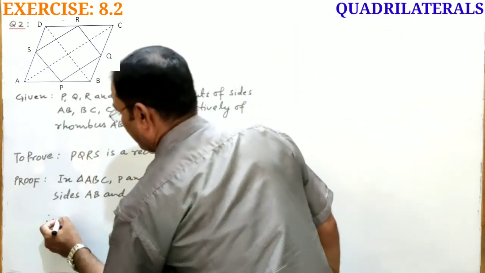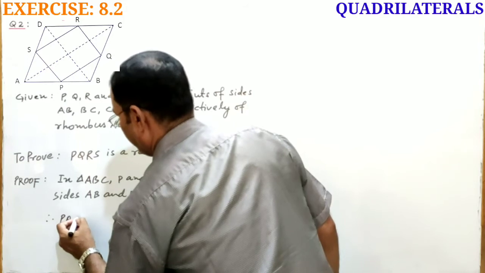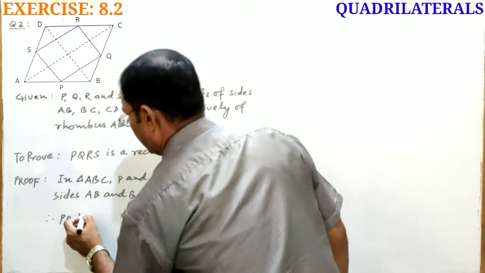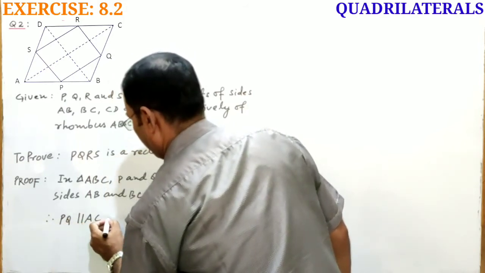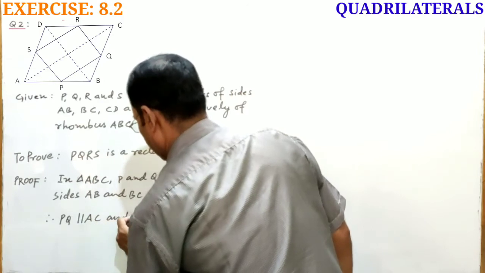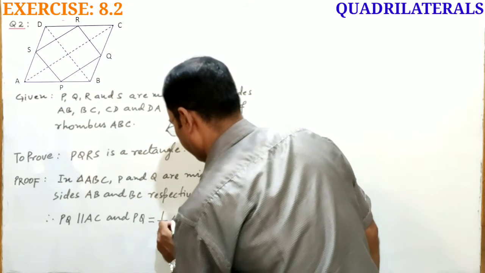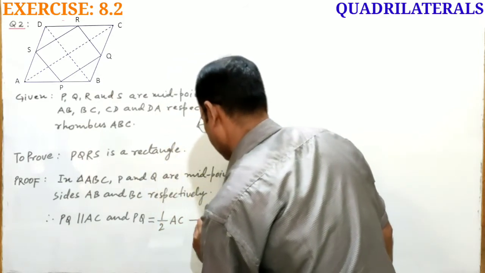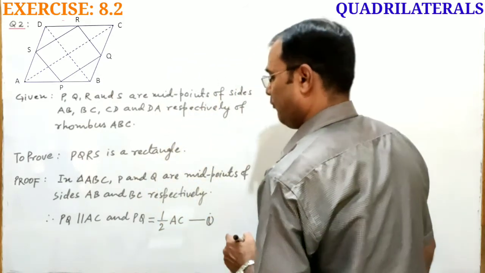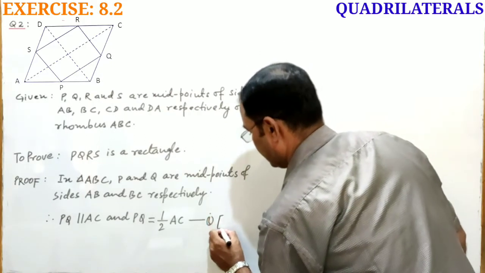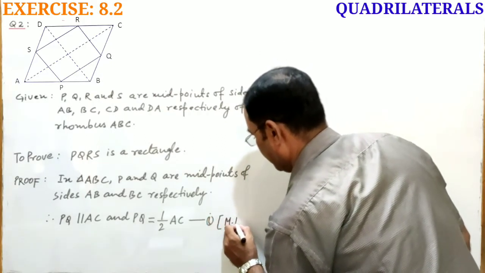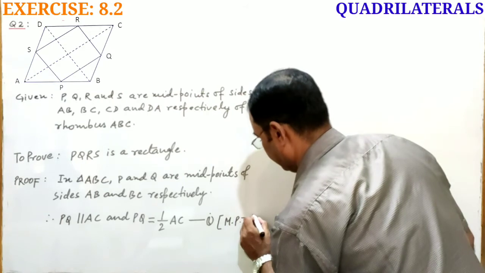Therefore, PQ is parallel to AC and PQ is equal to half AC. Let it be equation number 1, and this we have written from midpoint theorem.